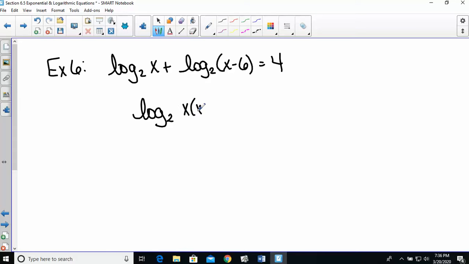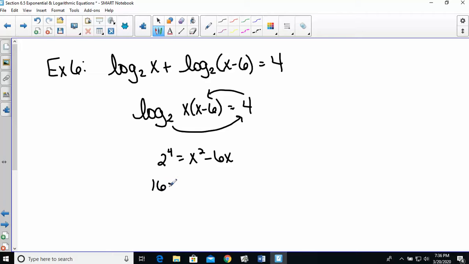So this is x times x minus 6. Change to exponential. So 2 to the 4th equals, if I go ahead and distribute, that gives me x squared minus 6x.